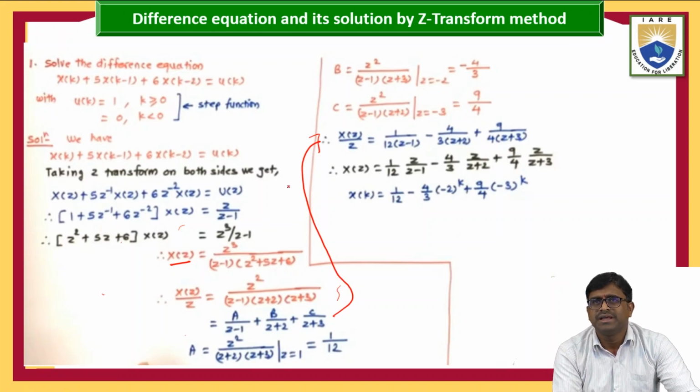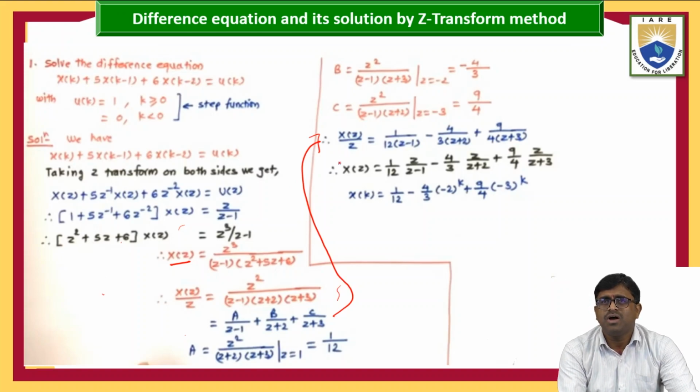Taking z to the other side, X of z equal to 1 by 12 times z by (z minus 1), minus 4 by 3 times z by (z plus 2), plus 9 by 4 times z by (z plus 3).